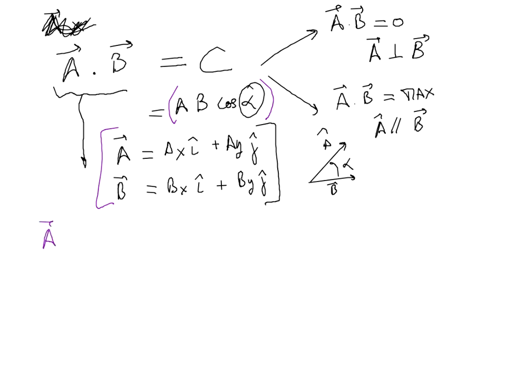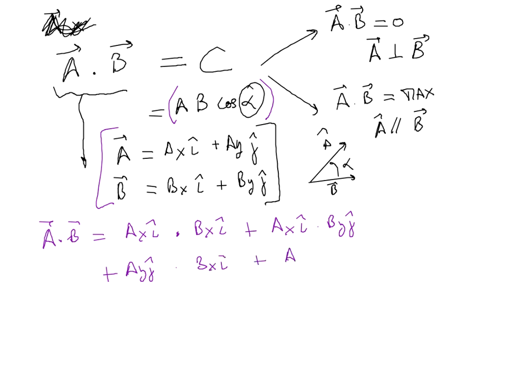Distributive rule. A dot B. Easy. AX i dot BX i plus AX i dot BY j plus AY j dot BX i plus AY j dot BY j.